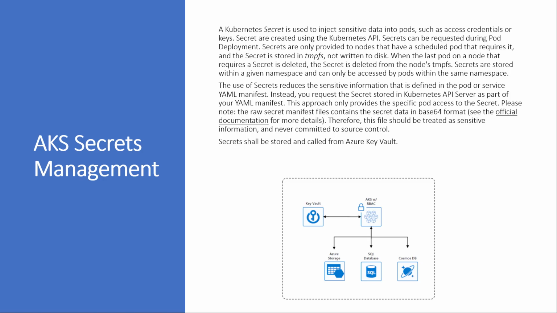But the key element we are talking about here from a security perspective is that when you create these secrets, they would be leveraged to consume resources outside AKS, which could be Azure Storage, SQL Database, or Cosmos DB, like in the last example we talked about. It's the same story as the last slide.